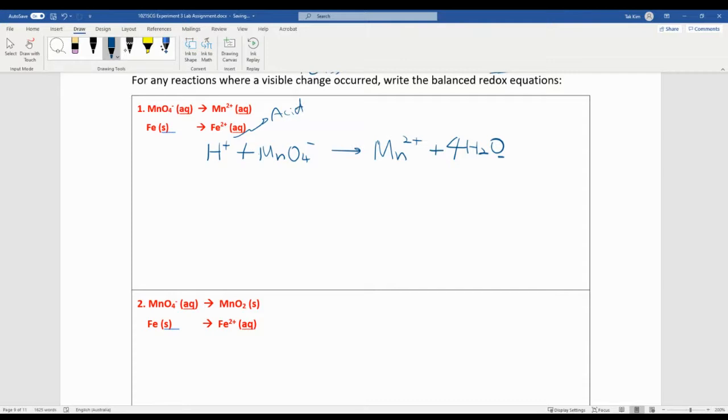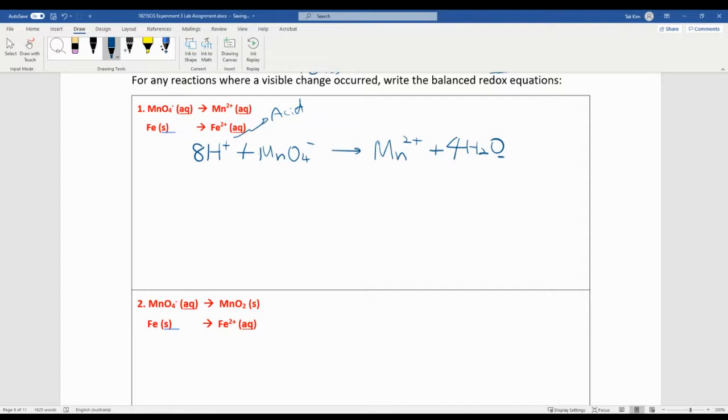So when you look at the number of hydrogen on the right-hand side, you have 8 hydrogen. Because of that, you will need to put 8 proton or 8 acid to balance the number of hydrogen, right? So now everything is balanced when it comes to number of atoms or elements.